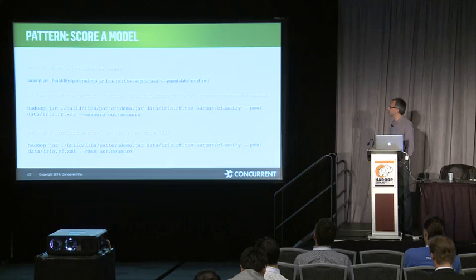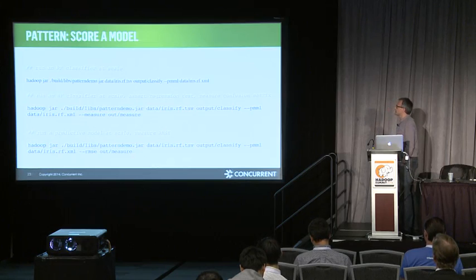In that case, we're saying we're going to use a data file called iris.rf.tsv, and we're going to put it under output classify, and we're going to use the data iris RF model. I'm reusing some of the examples that are actually available in the Pattern project. So if you go online, you'll be able to see the example available.